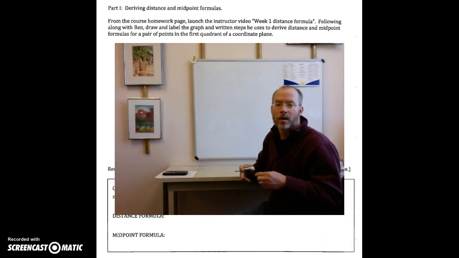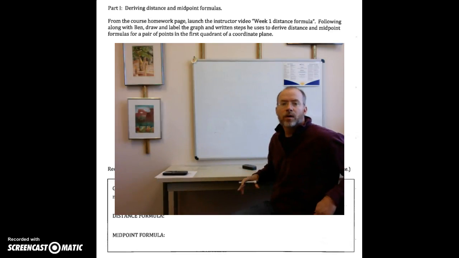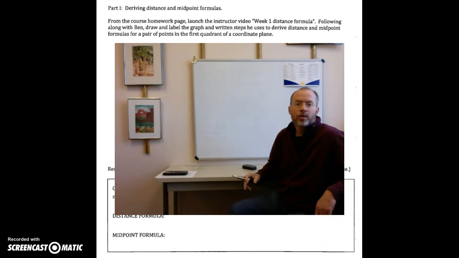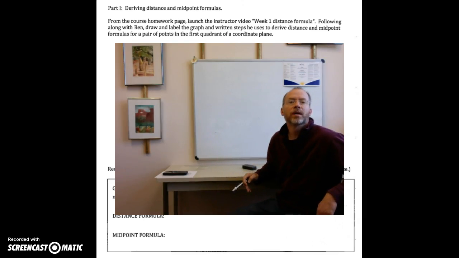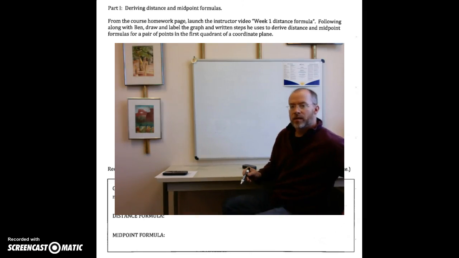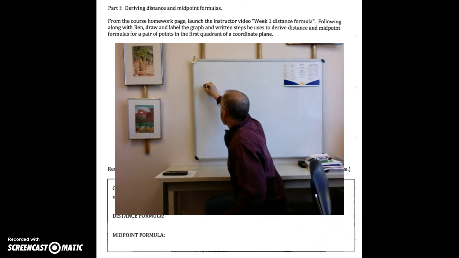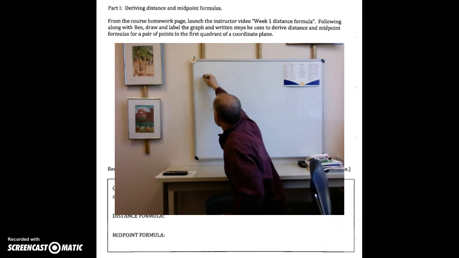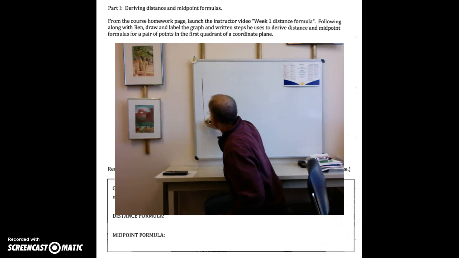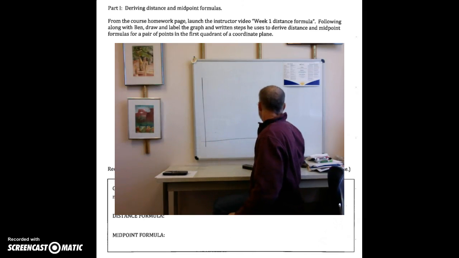Hi. This video is just intended to help you with this first weekly assignment, part one, deriving distance and midpoint formulas. In this space on the assignment, I just want you to draw a Cartesian coordinate system, and let's emphasize the first quadrant.